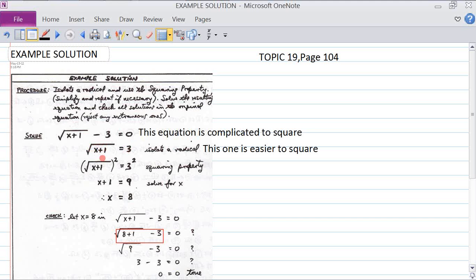We square both sides, and that's the rule we just learned. We square this one, and we square this one. Well, the square root of x plus 1 all squared gives us x plus 1. 3 squared gives us 9. We transpose the plus 1 to the other side. x is equal to 9 minus 1, and x is 8.